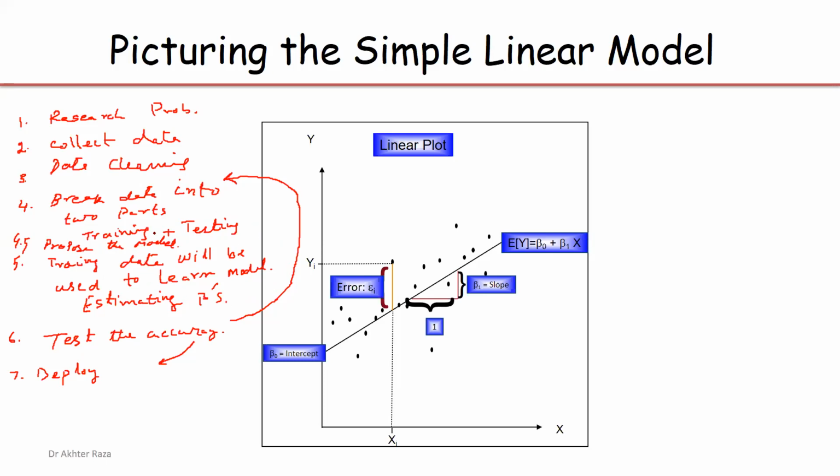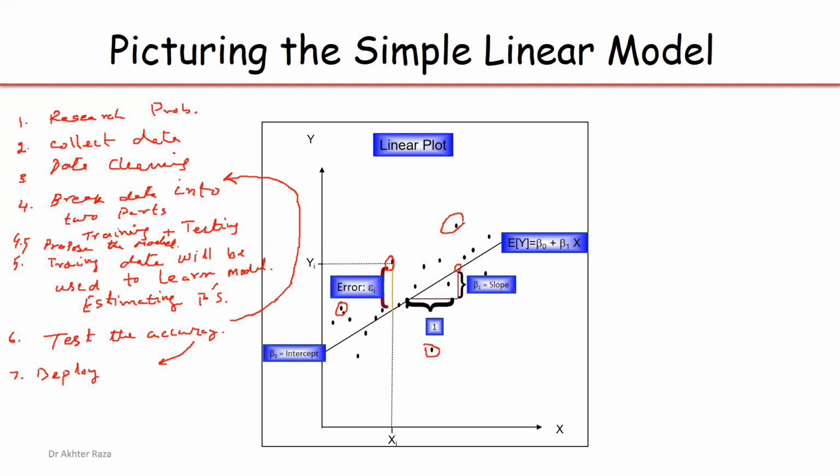Now come to the point. These points are called the observed points, and this point is known as the estimated point. This is given by the model, and this is in the observations or actual data. These points are my actual data, and the best fitted line is there.